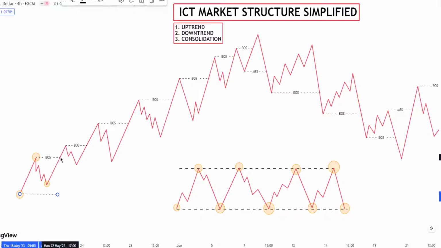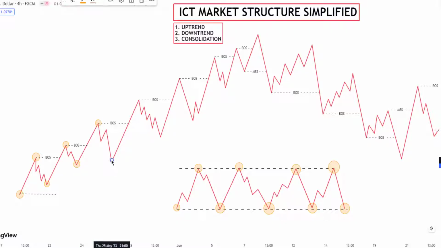So bridging above the first level it reaches, we call it break of structure. It moves again and then created this movement. Imagine somebody, let's say a motorist, for example, moving from here to here, takes a rest and then bridges above his previous record. This is break of structure, creating a new one.